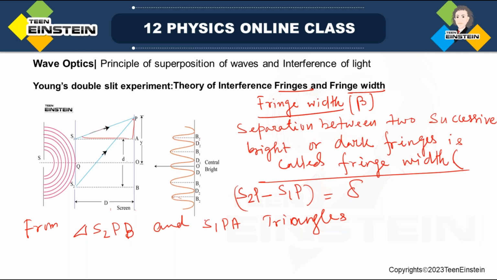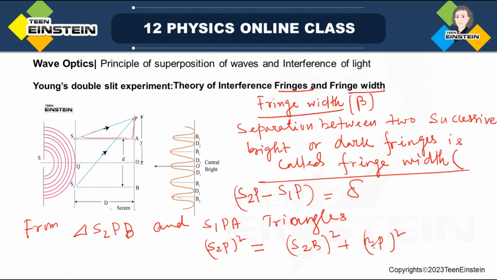This is the hypotenuse, so I can write S2P square. Let me first write what S2P square is. S2P square means S2B square plus BP square.